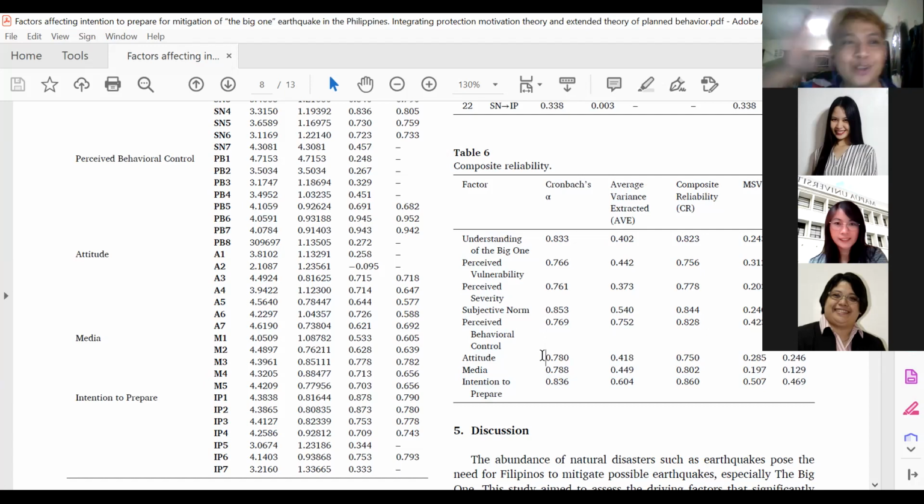People in consumer behavior say it's okay, we will run it and see later, and we can remove this one. But people from psychology, medical, and public health are very strict, for example with the health belief model.